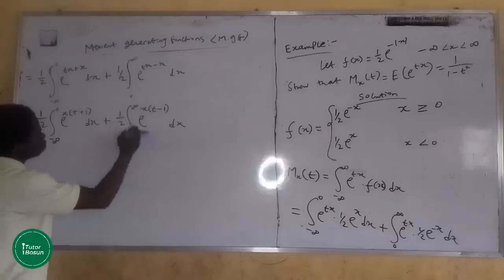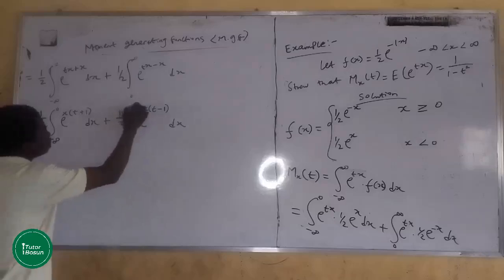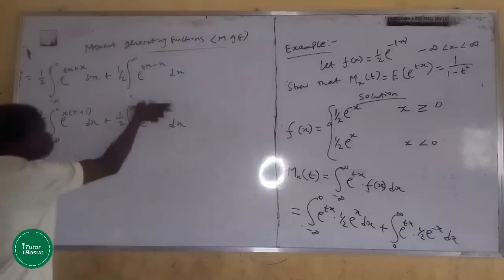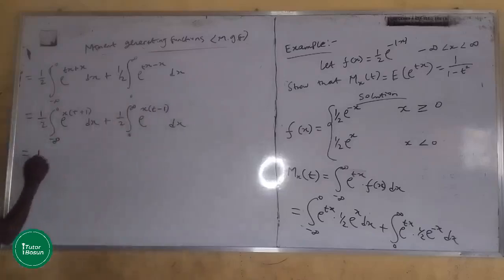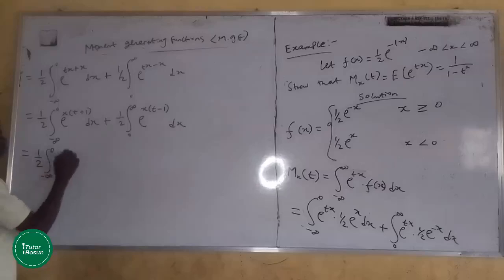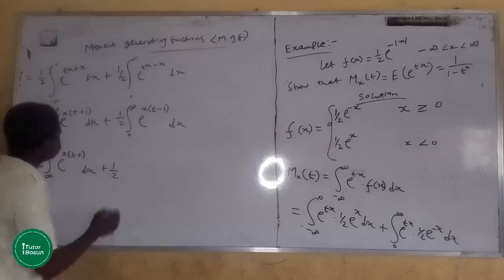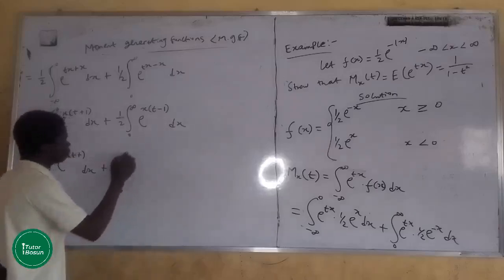Let's check the second. But for this situation, you will not be having minus infinity; you'll be having infinity, so you need to rearrange or manipulate this. Here we have 1/2 integral from minus infinity to 0 of exponential x into t plus 1 dx plus 1/2 integral from 0 to infinity.